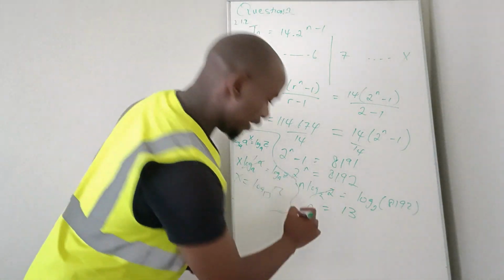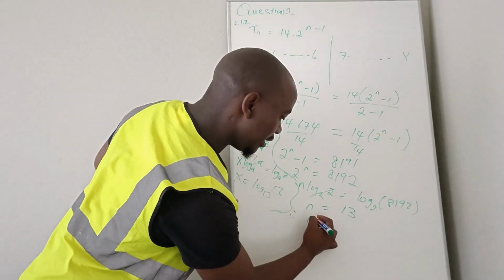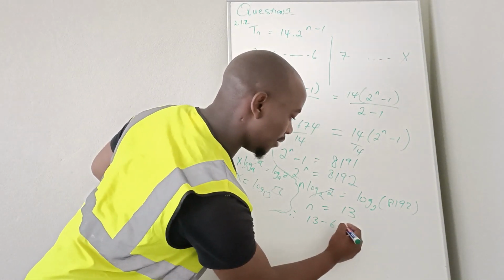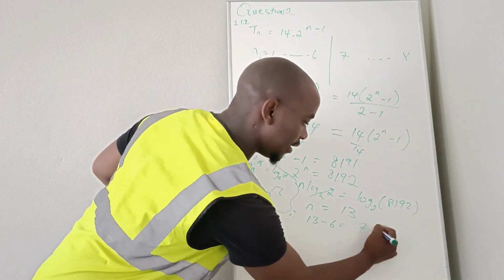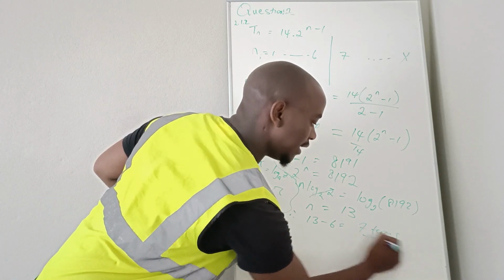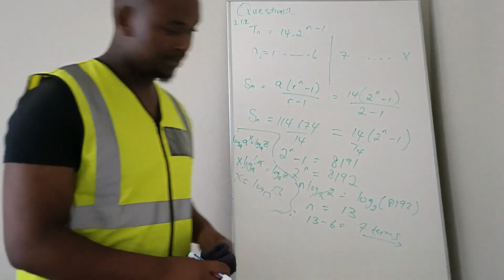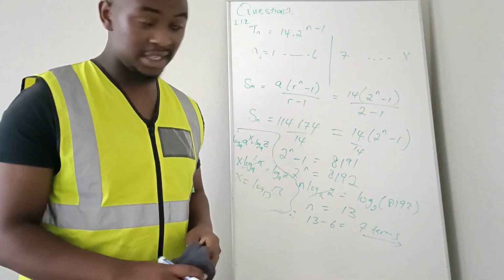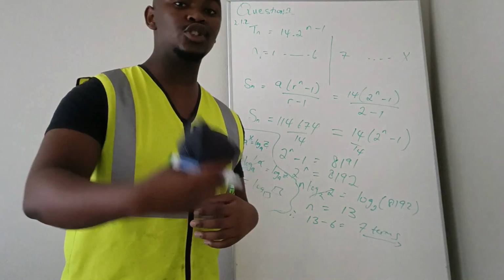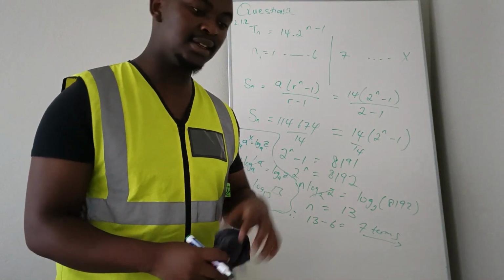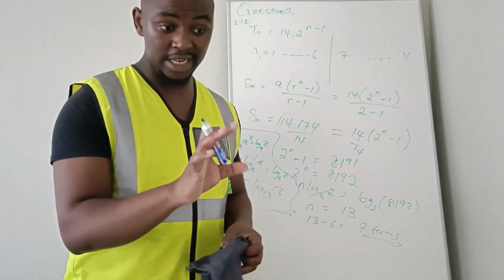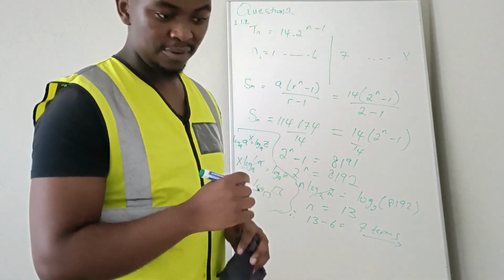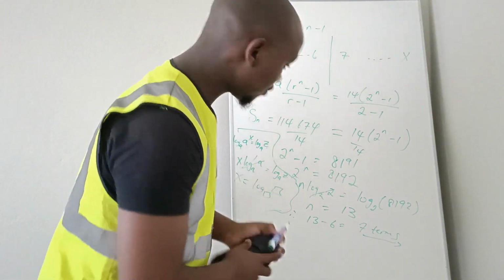Therefore, we need 13 minus 6 terms, which is 7 terms. 7 terms need to be added. Hopefully you got that. So 7 terms need to be added on top of the 6 terms that already exist in order to get that sum. Let's move over to the next question.